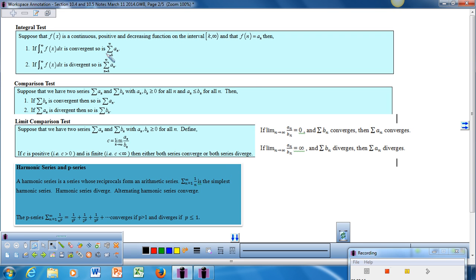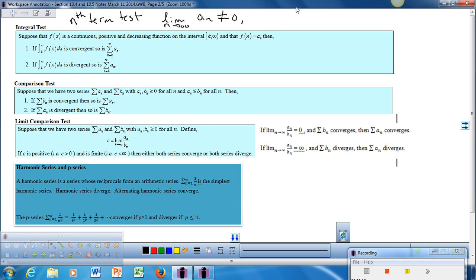I need you to add one more above integral test, and it's one that we have already talked about, the nth term test. This is the limit as n goes to infinity of the definition of the series, a sub n. If that does not equal 0, then what do I know?